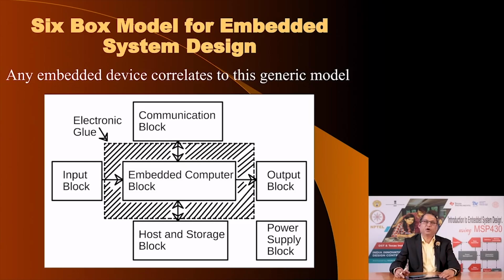So, the embedded computer block has all the elements to execute that program, meaning various types of memory devices, and then produces an output which may be for the user, humans, or it could be to actuate certain controls that are described in the output block.